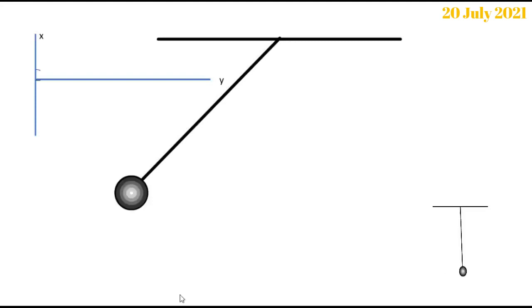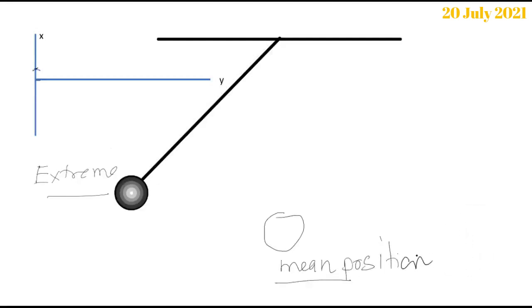We have drawn here x and y axes, and consider that when the pendulum reaches its extreme position, this is the point which we have to mark on the x-axis, and when it comes to the center, that is the mean position or initial position, then this wave will come exactly on this y-axis.